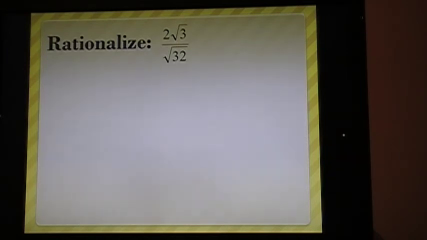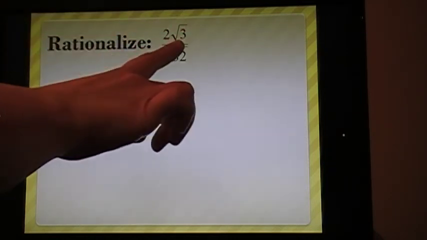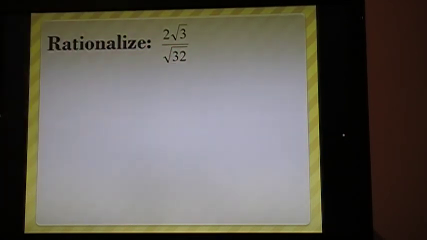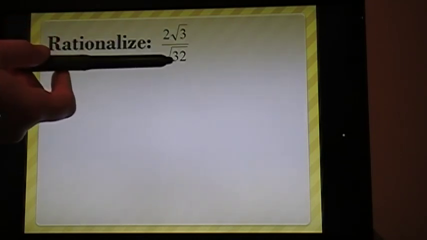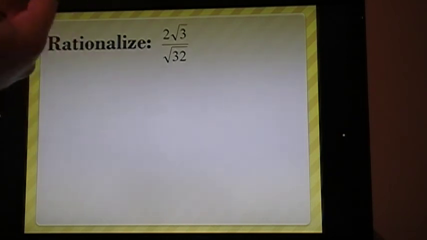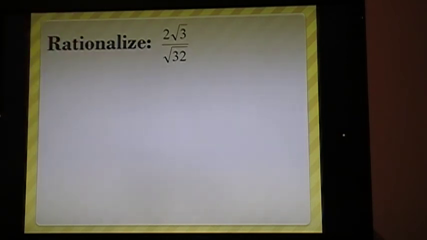Do one more here. So we've got 2 root 3 over the square root of 32. If 3 and 32 had a common factor, I would go ahead and reduce, which is really what you do when you put it together as a single fraction and reduce that fraction.